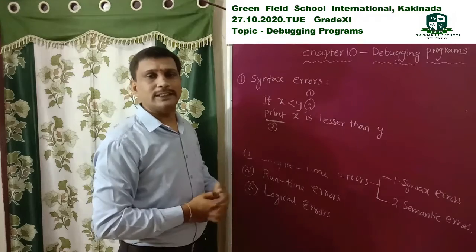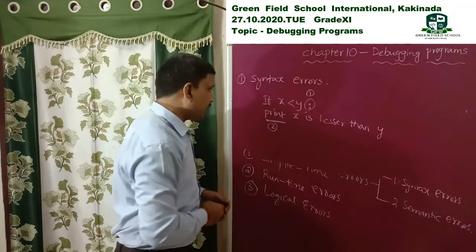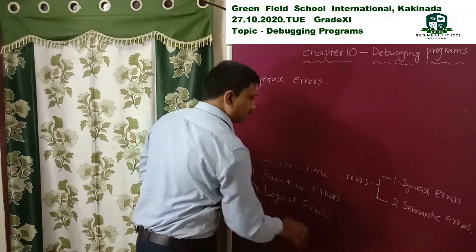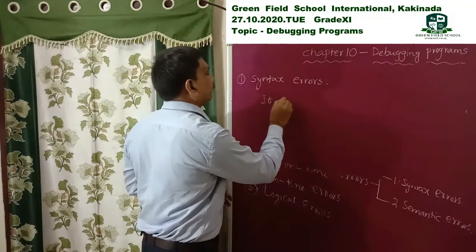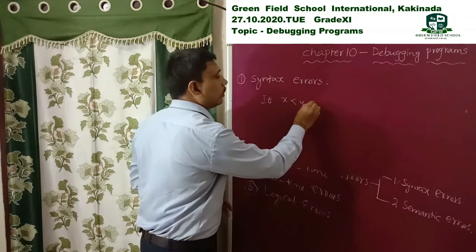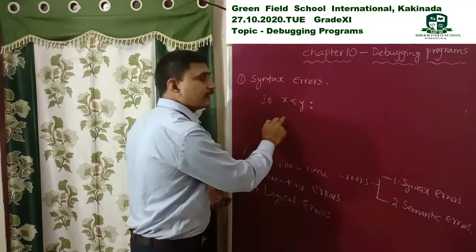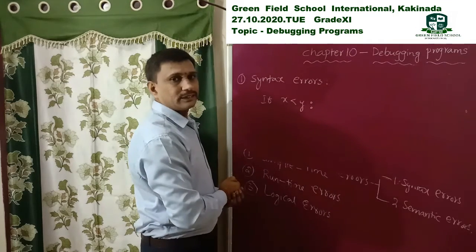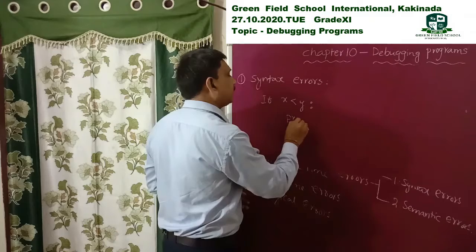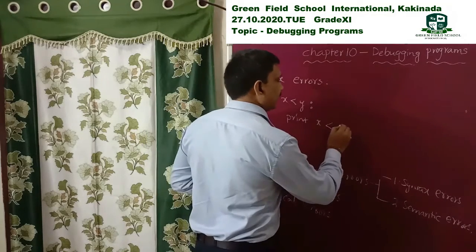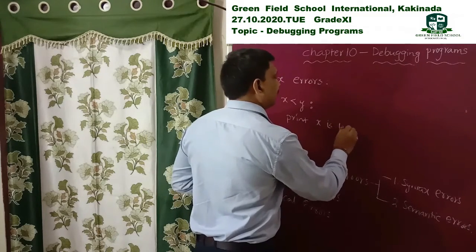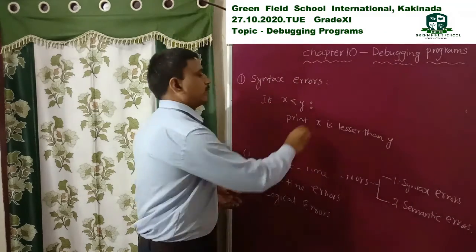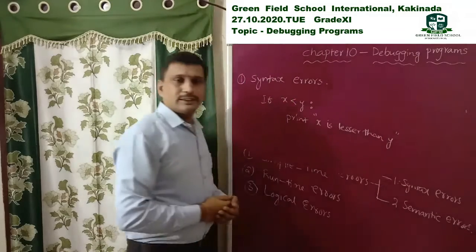After rectifying this code, we write the original code without any errors. First we write if x is less than y, colon, and we maintain some indentation. You know very well what is meant by indentation. Then write print x is lesser than y, using single quotes or double quotes. We must use the print statement, which displays x is lesser than y.